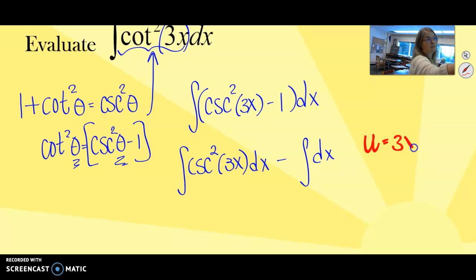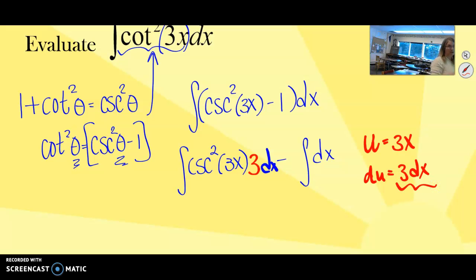So I'm going to let u equal 3x, and then that means du is 3 dx. So I need, instead of just dx here, I'm going to need it to be 3 dx. I can't just put a 3 in there. I need it to look like this.